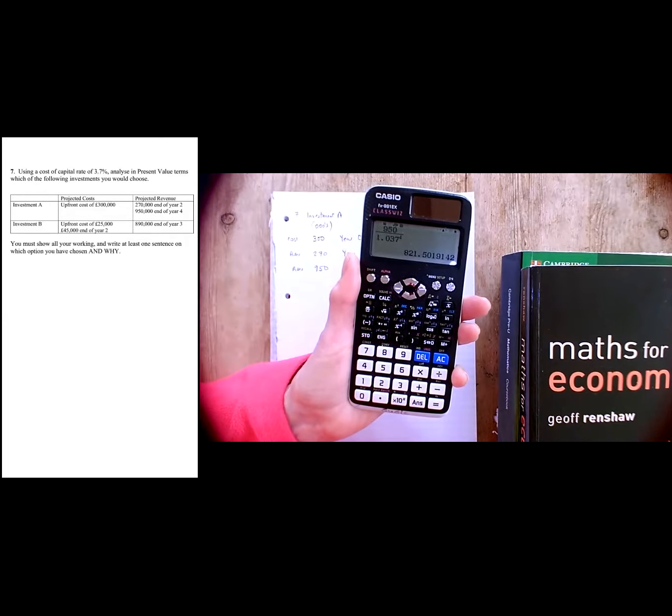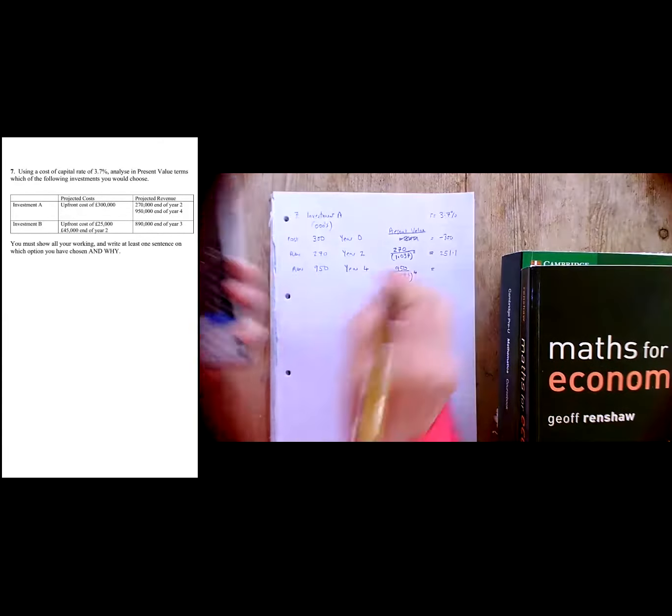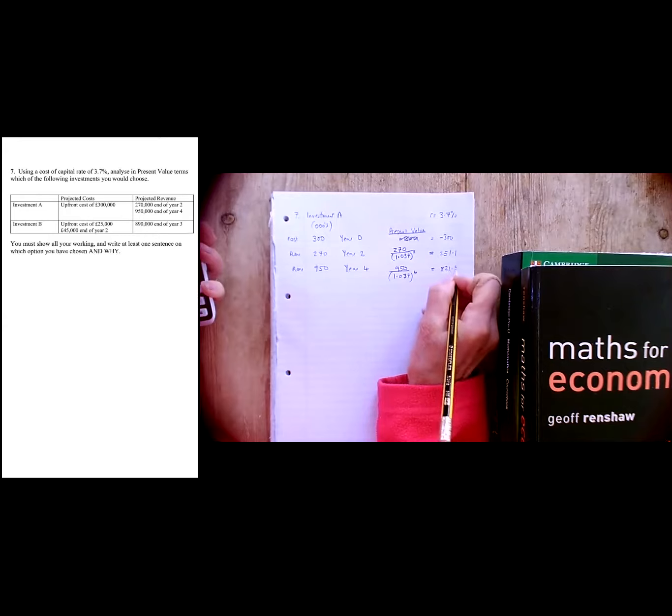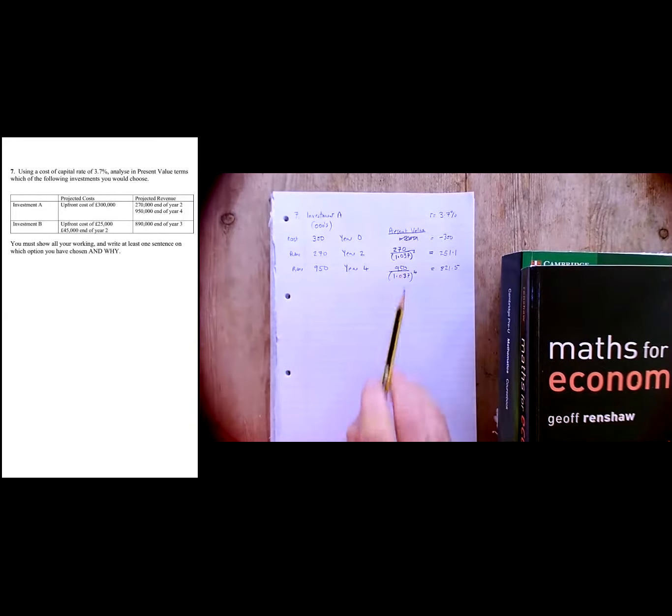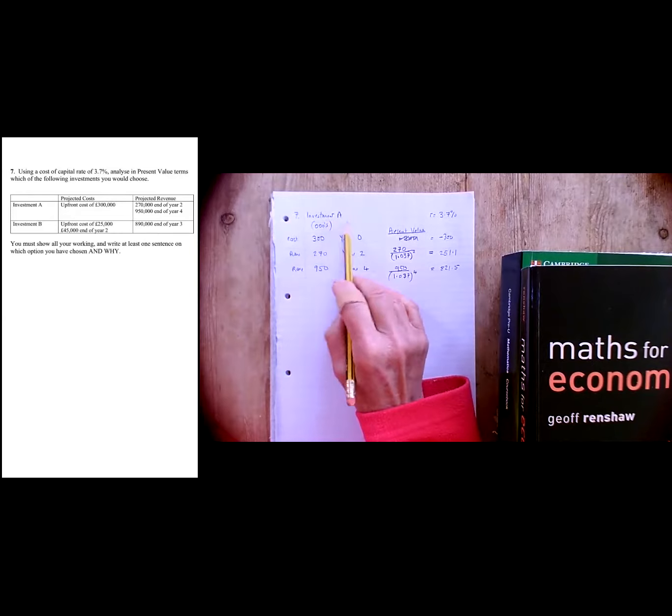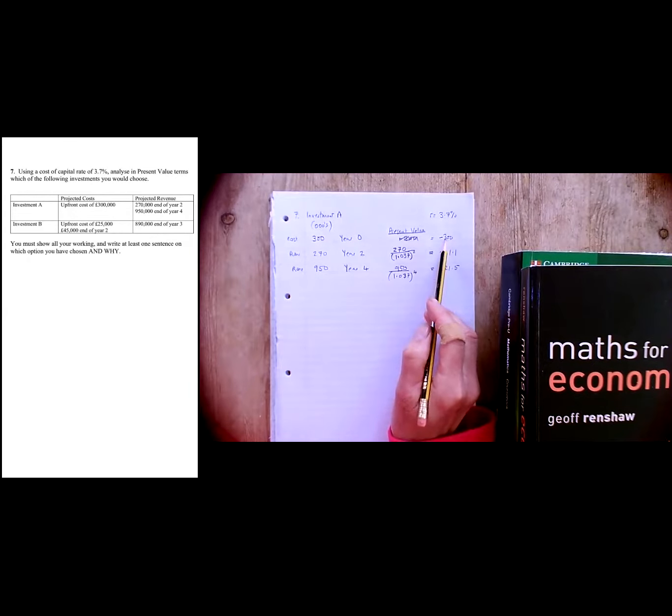gives us 821.5. So again, we're indifferent between 950 in 4 years or 821 in the current time. So overall, this investment is an assortment of costs and revenues.